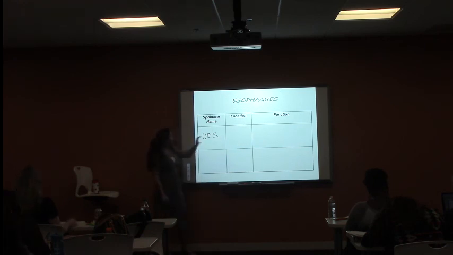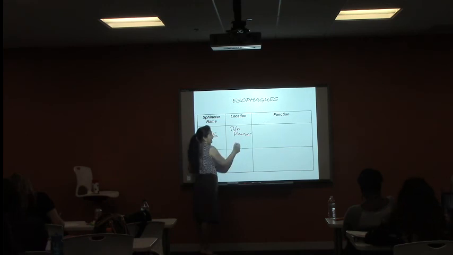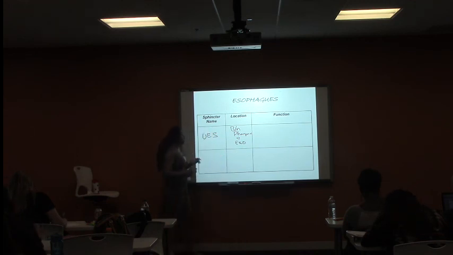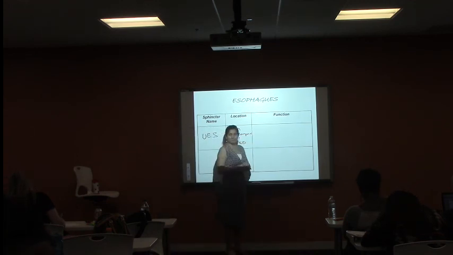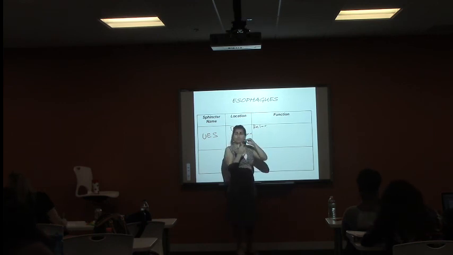Okay. So what is the location? Between the pharynx and the esophagus. Okay? What do you think the function of that sphincter is? When does that sphincter relax? When food arrives into it, it opens, allowing food to enter the esophagus, right?